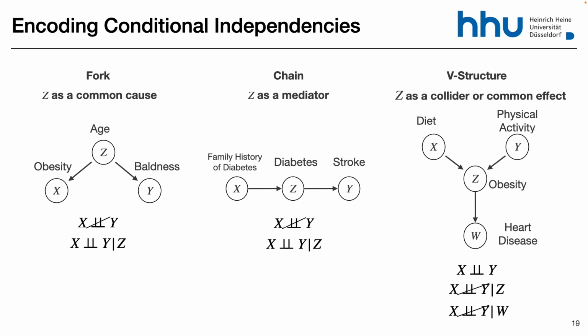Then by proxy, I know that if the person has this disease, it's because they're obese, and by knowing that they're obese and doing a lot of exercise, the chance of the diet being very poor is higher. You understand? So it makes a connection. So descendants of colliders, by being a proxy of their own collider, also open the flow.